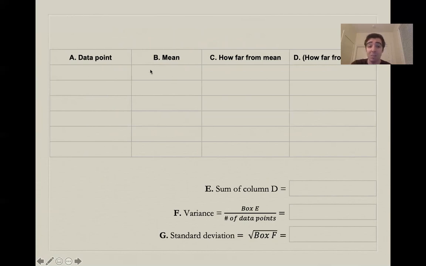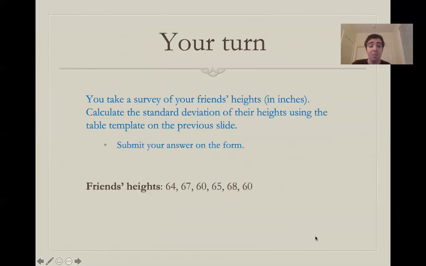Take each of these numbers minus the mean. Square each of these to get the squared distance from the mean. Add all those up. Divide by the number of data points you had. And then take the square root. So let's go ahead and practice that.